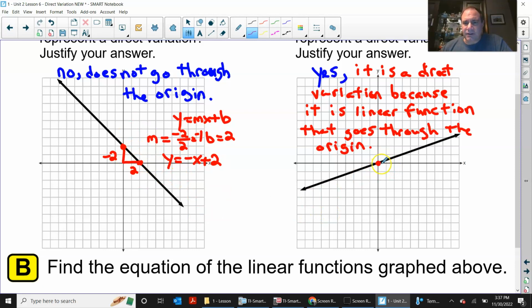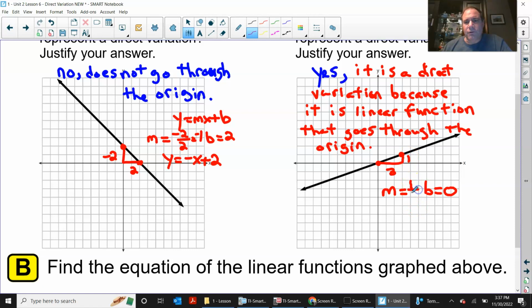So now we're going to pick another nice point right here. We're going to go ahead and create that little triangle. Remember, we need the m and the b. The b is 0. Right there, direct variation. This is 3. This is 1.